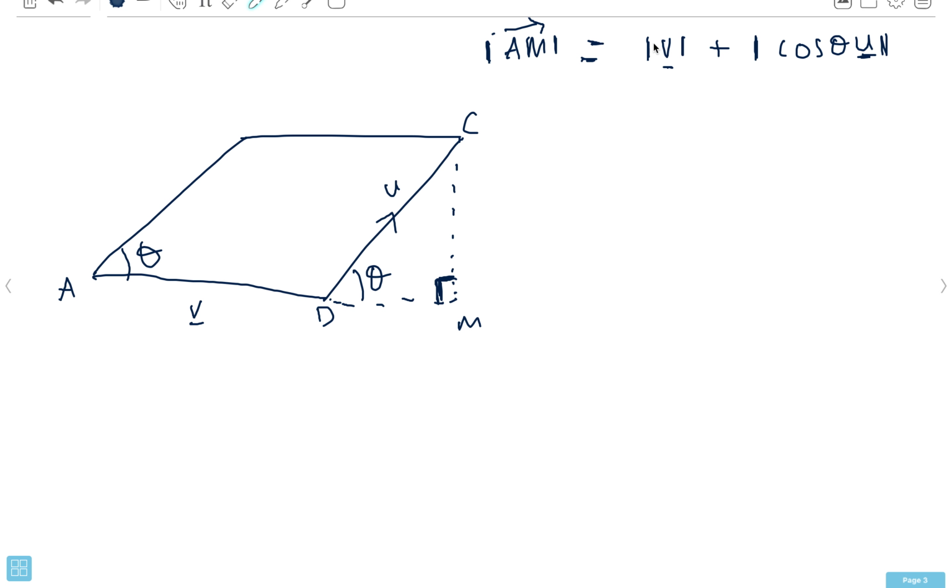Length of cos theta, length of u. Okay, we now have a problem.